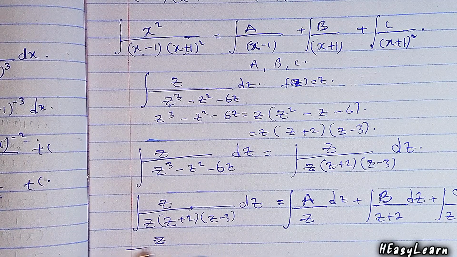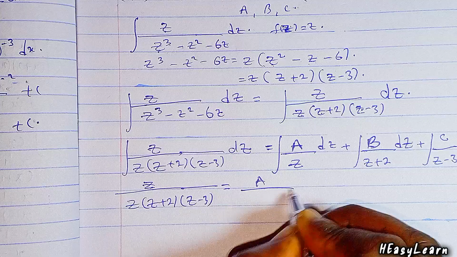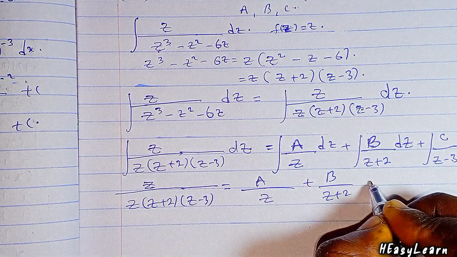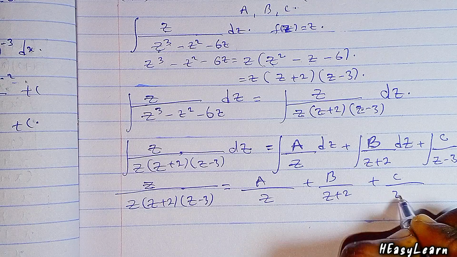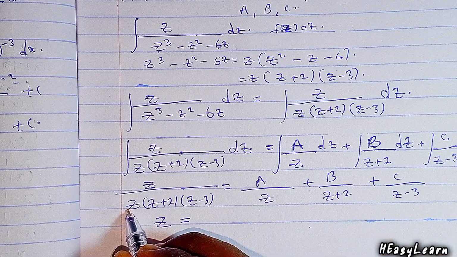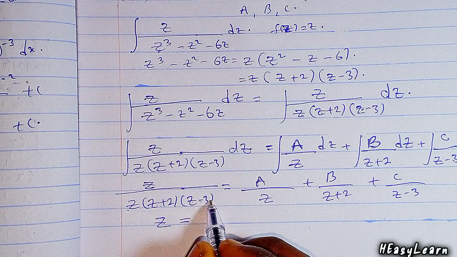That is z over z, z plus 2, z minus 3. This is the same thing as a over z plus b over z plus 2 plus c divided by z minus 3. We have to clear fractions by multiplying through with z, z plus 2, z minus 3.